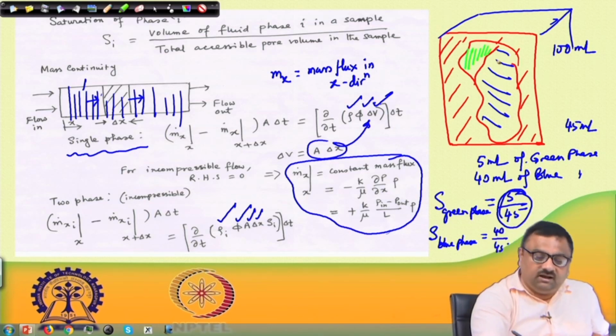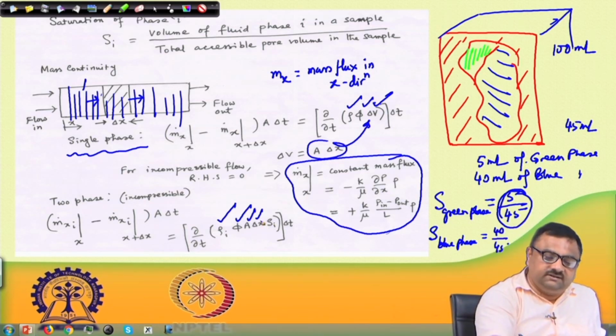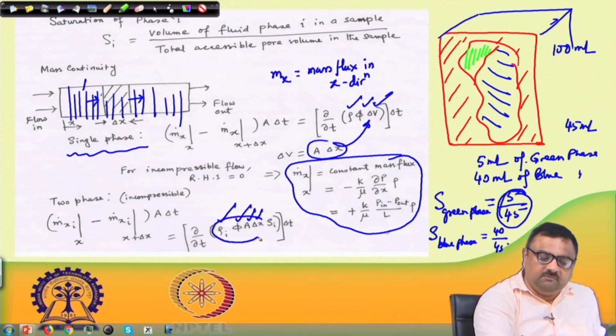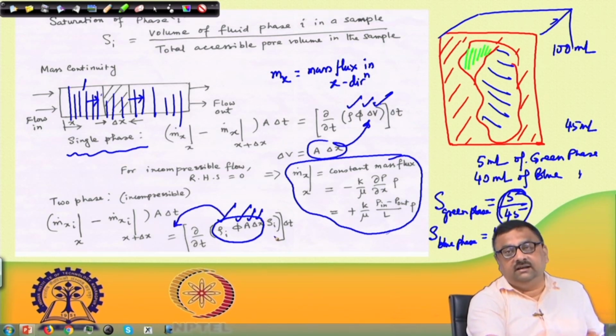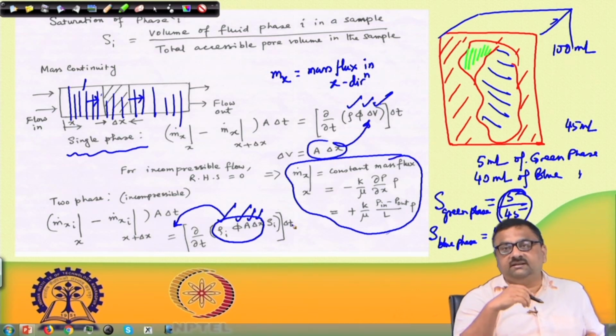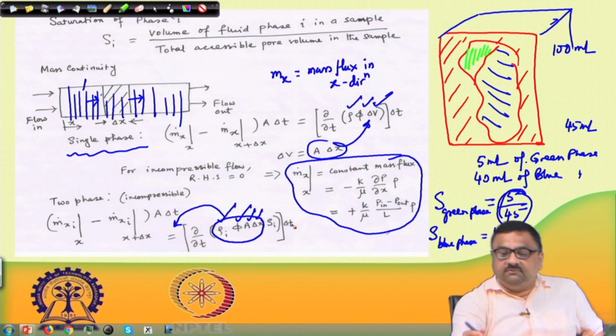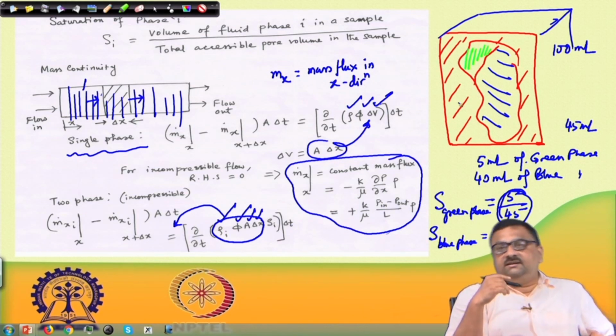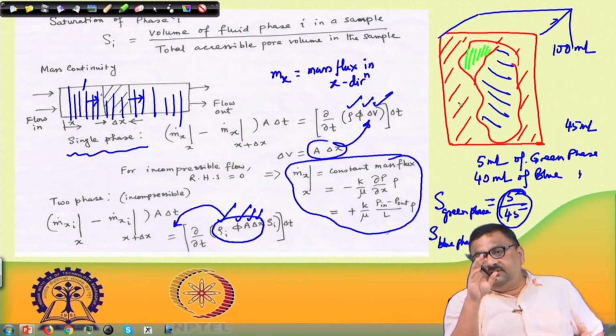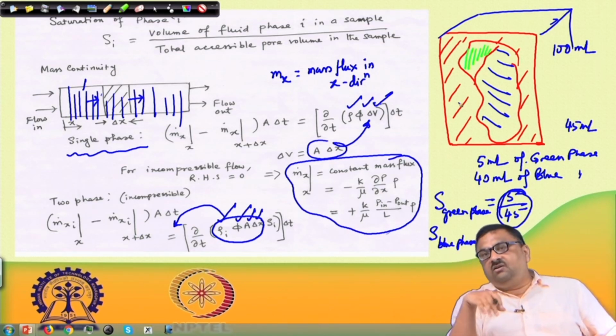So even if this rho is constant, in fact, what we will do in this case is take this entire part out, but there could be del S del T, because saturation can change with time as the flow takes place. Suppose the entire pore space is filled with the wetting phase, and now we are injecting non-wetting phase.